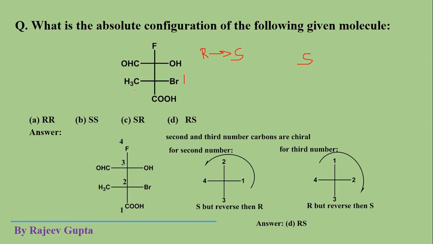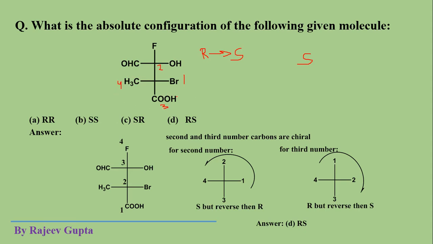The next atoms are 3 hydrogens here, 2 oxygen atoms here, and 1 fluorine atom here. Oxygen has atomic number 8 and fluorine has atomic number 9, so this group will have second priority. Now between this carbon and this carbon, obviously the carboxylic group has higher priority than the methyl group, so it is third and the methyl group is last.